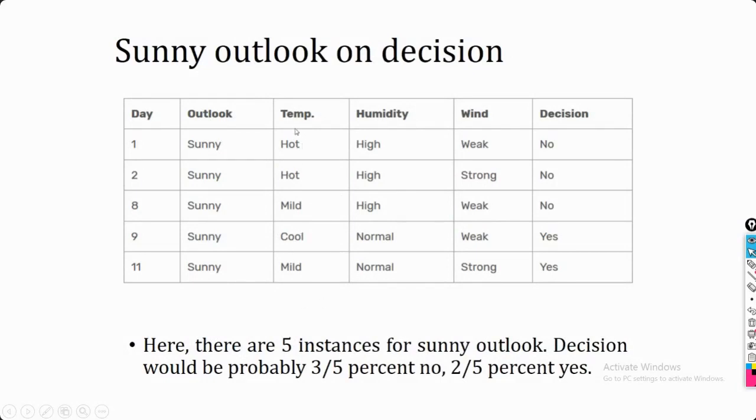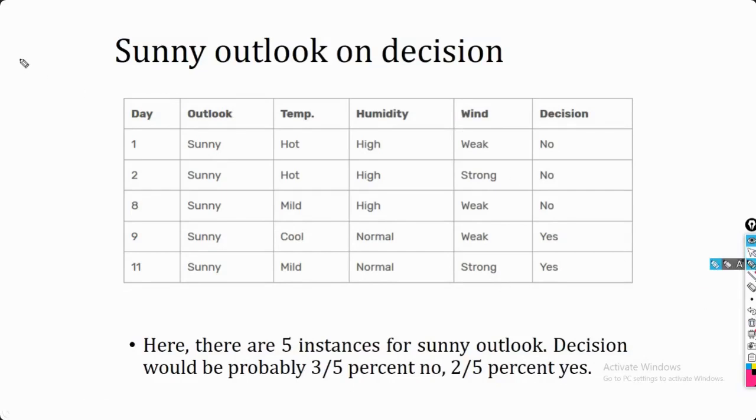I will count how many hot there are. Two hot are there. How many mild are there? One mild. And how many cool? One cool. Sorry, mild is two and cool is one. So based upon that, I can form this formula.